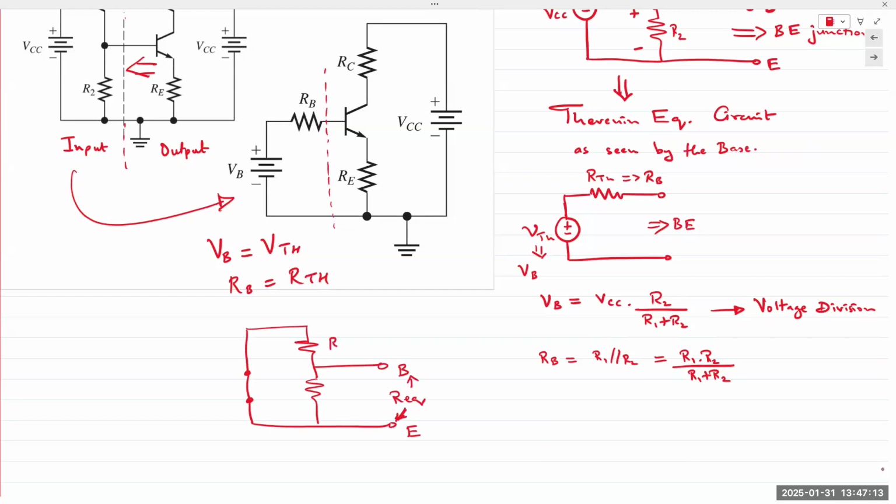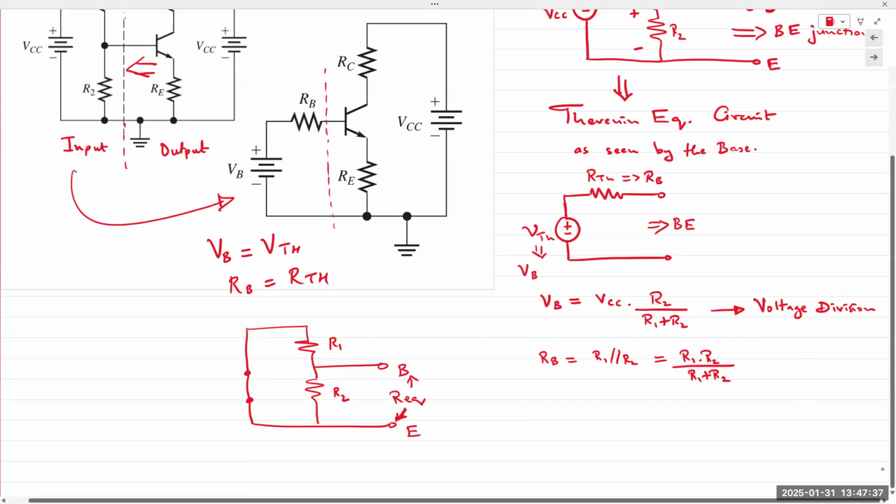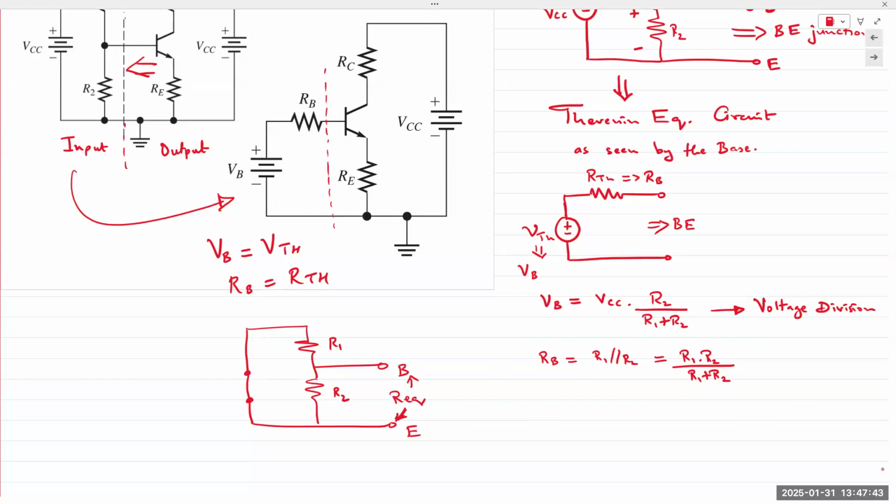This is R1 and R2. And because we are temporarily replacing VCC with a short circuit, it puts R1 in parallel with R2. So when we measure REQ between the base and the emitter, we see R1 parallel R2.